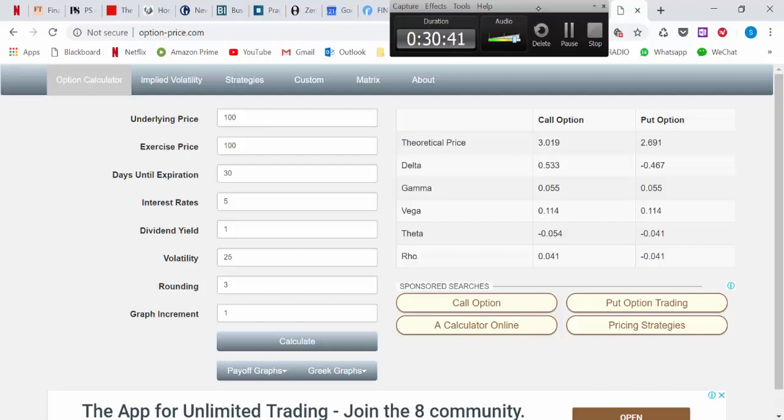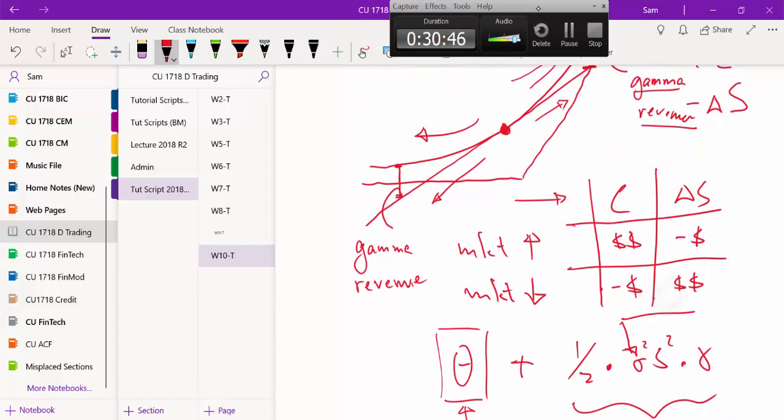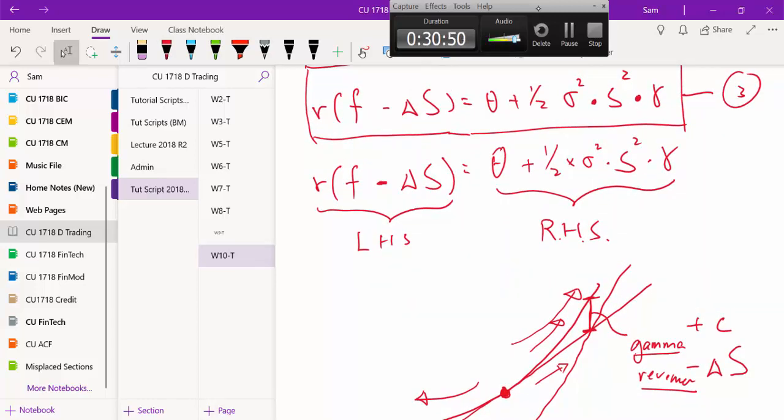Never mind call or put, it is negative. Okay? So you can already see, if you look at the right hand side, although you are adding theta to it, theta itself is going to be a negative number, I can promise you that.